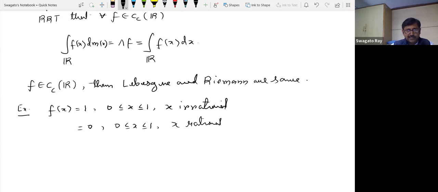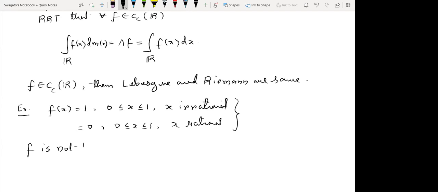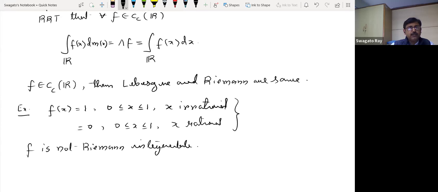This is basically a lengthy way of writing that I am looking at the indicator function of all the irrational numbers in the closed interval [0,1]. Now everybody knows that f is not Riemann integrable. Can anybody tell me whether f is Lebesgue integrable?